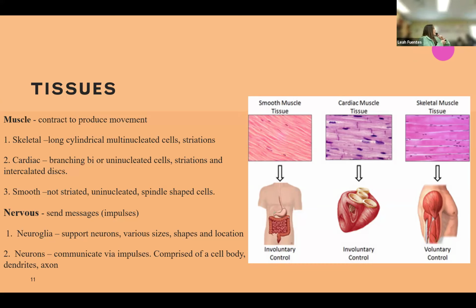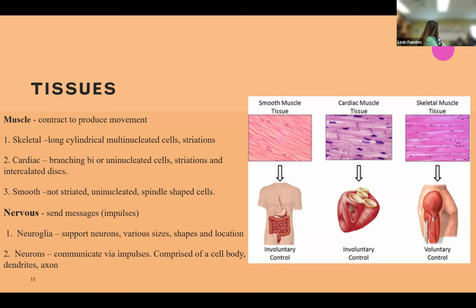And then lastly, we have smooth muscle. Smooth muscle looks exactly how it sounds. It's not striated, so it doesn't have those ribbed effects that the skeletal muscle tissue has. And it's just very uniform. That one would be this one over here.